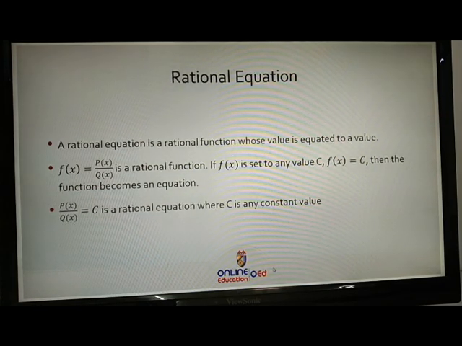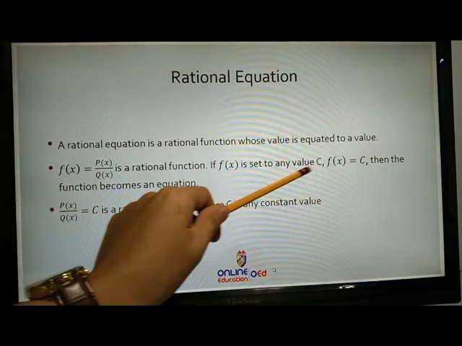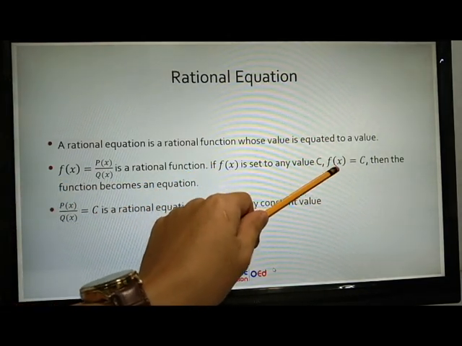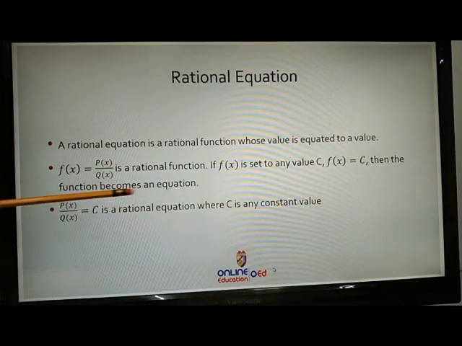Rational equations. A rational equation is a rational function whose value is equated to a value. So f of x is equal to p of x over q of x is a rational function. If f of x is set to any value c, then f of x is equal to c, and the function becomes an equation.